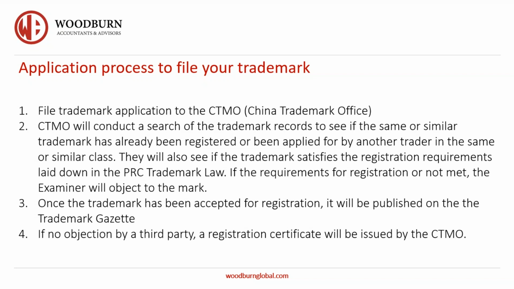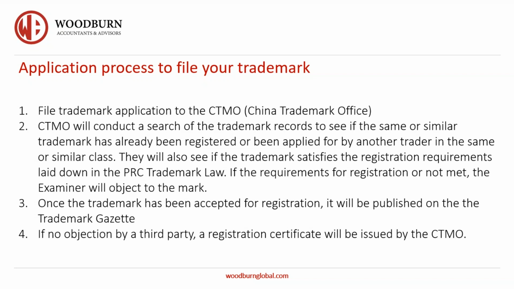They will also see if the trademark satisfies the trademark law, making sure that all the criteria are met, for example there's no city name, no country name, etc. If the requirements for registration are not met, the examiner will object to the mark. But if he has accepted it, then the trademark will be published in the Trademark Gazette for 3 months. And if there's no objection by a third party, the actual certificate will be issued by the CTMO.